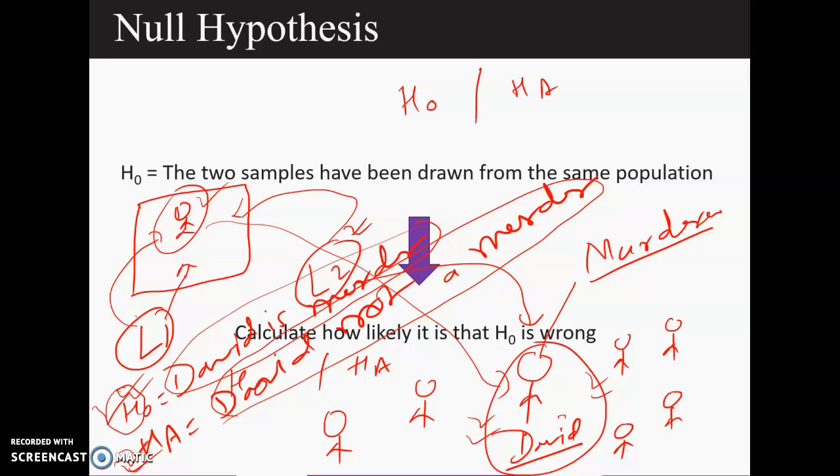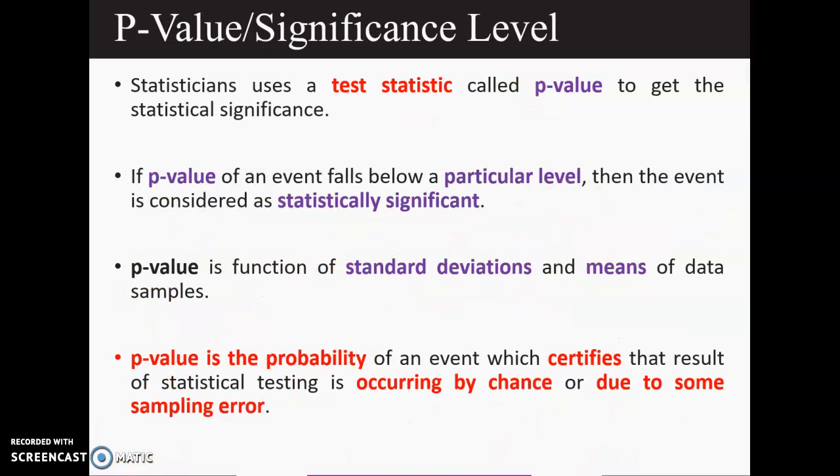Hypothesis is a very important concept in statistical significance, because based on your hypothesis you will apply different statistical tests on your data. Next we will see level of significance, which is also referred to as p-value. So what statisticians generally do for applying a statistical test, they use a value called p-value, and it provides the level of significance.